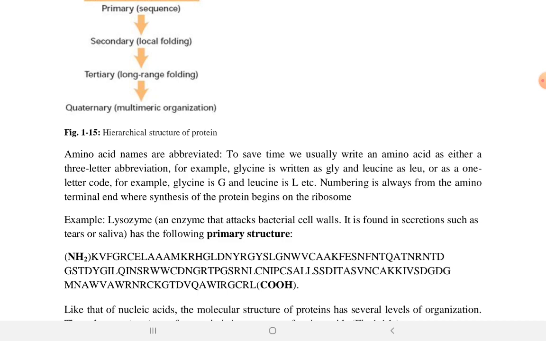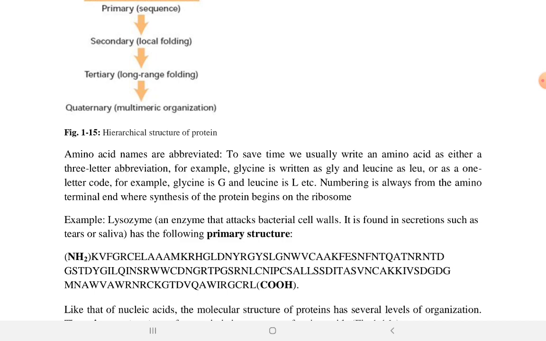Then the numbering is always from the amino terminal end, where synthesis of the protein begins on the ribosome. If we are arranging the names of the amino acids, we start from the amino terminal where the ribosome is likely to attach. For example, we have lysozyme, an enzyme that attacks bacterial cell walls.